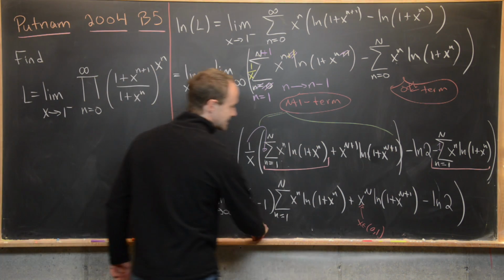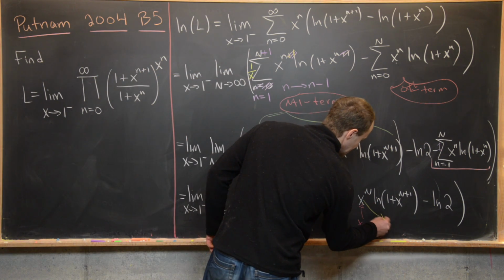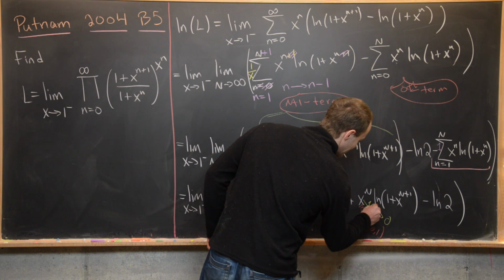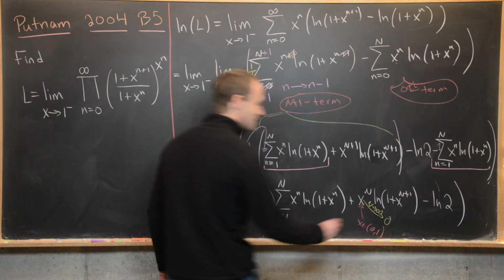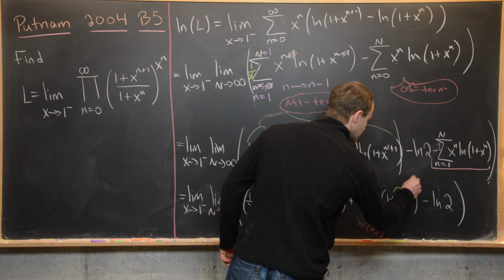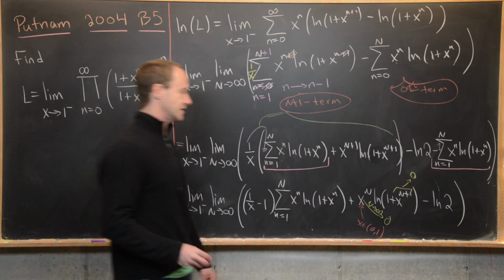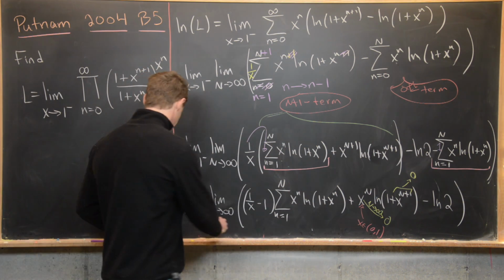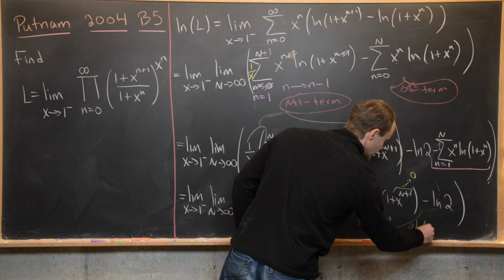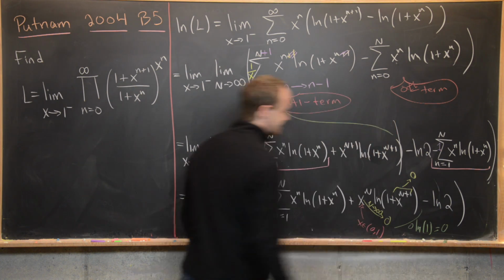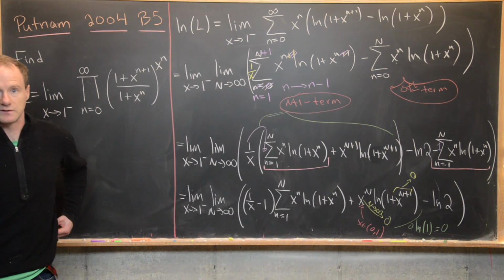So what that tells us is that this term is going to 0 as capital N goes to infinity. But that means that this term is also going to 0 as capital N goes to infinity. So that means this whole bit is going to 0 times natural log of 1, which is equal to 0 as capital N goes to infinity.